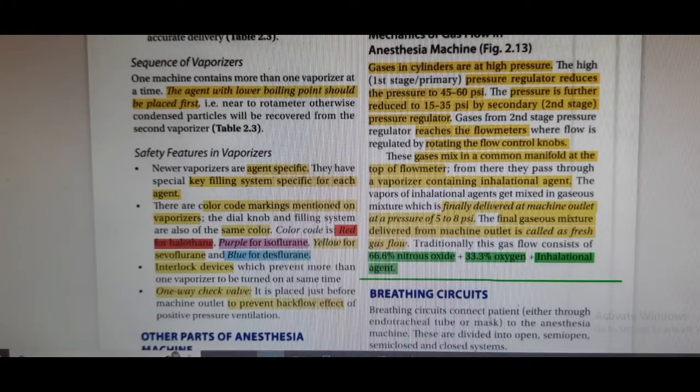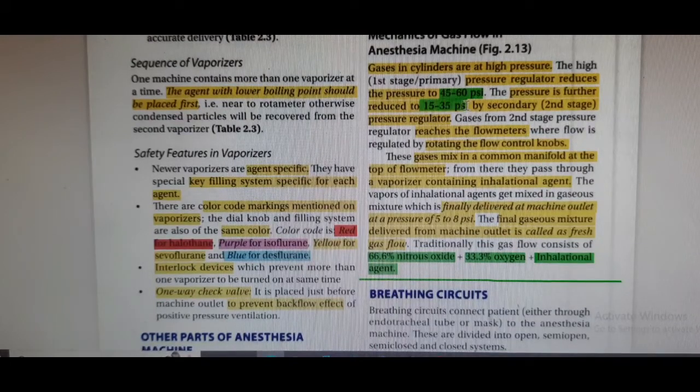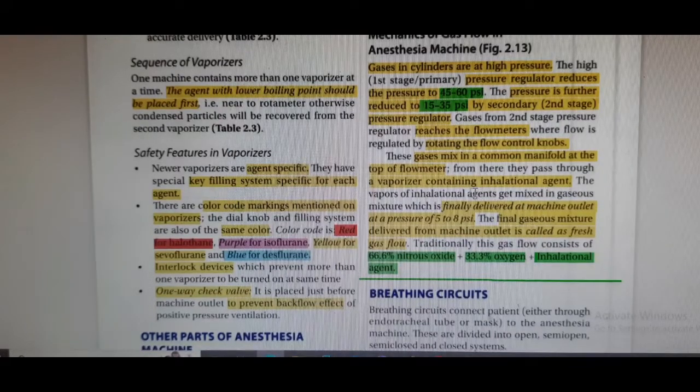I'll just repeat the mechanics of gas flow once again. The gases move from cylinders or the central supply at a very high pressure. This high pressure is reduced to 45 to 60 psi, and from there it is again reduced to 15 to 35 psi. Then it moves to the flow meters.